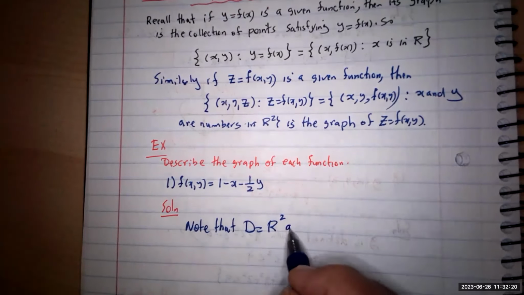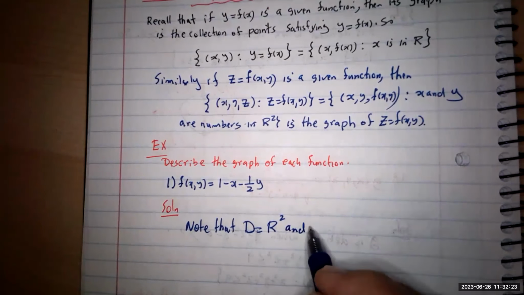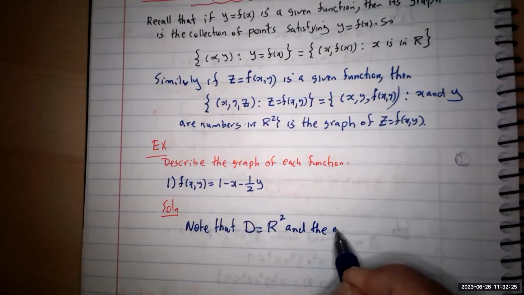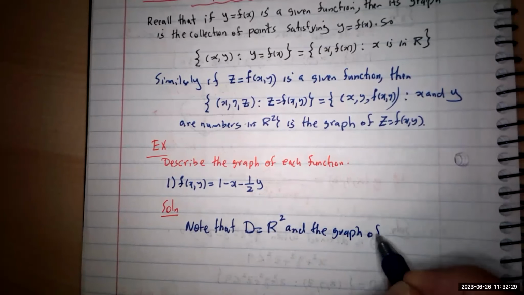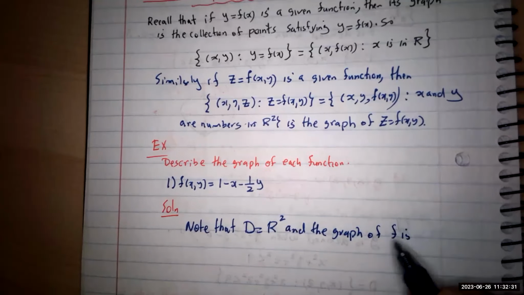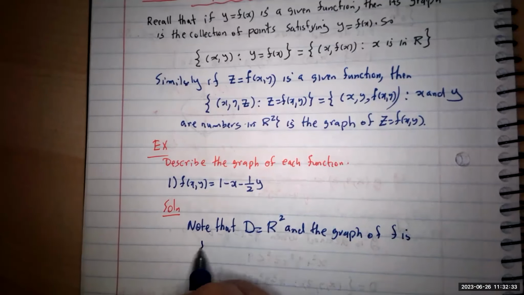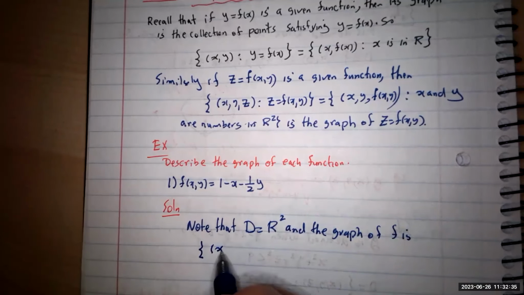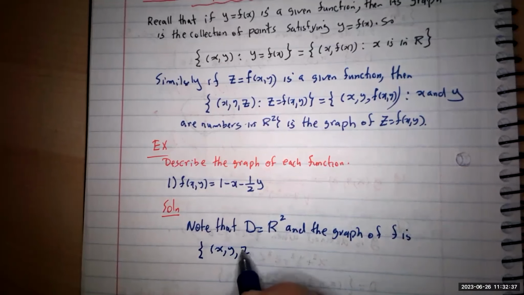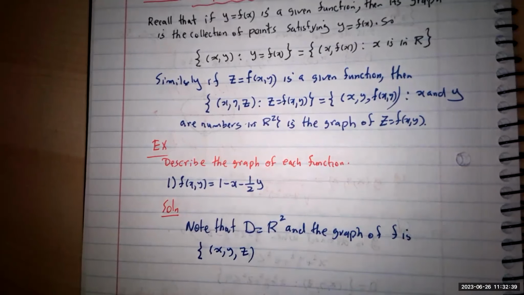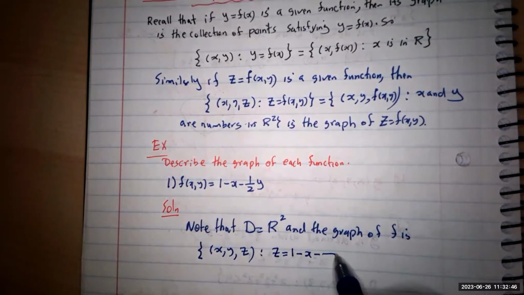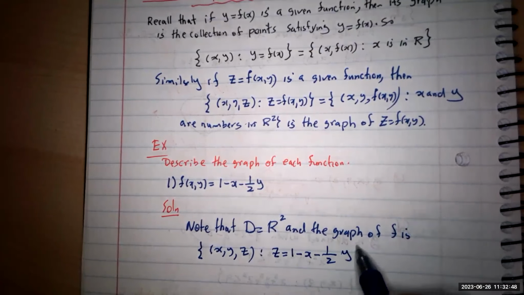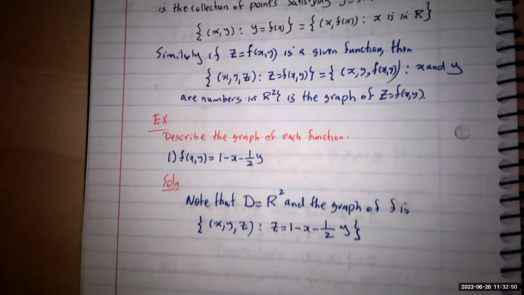The graph is going to be in R3. The graph of f is a collection of points x, y, z that satisfy this condition: z equal to 1 minus x minus 1/2 of y. This is your graph.